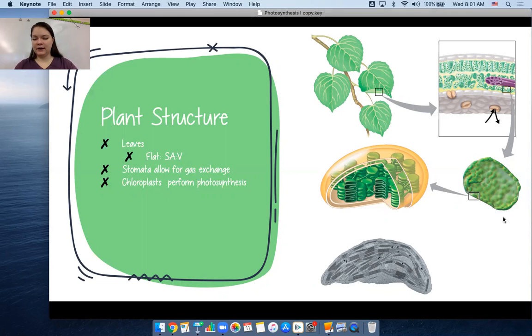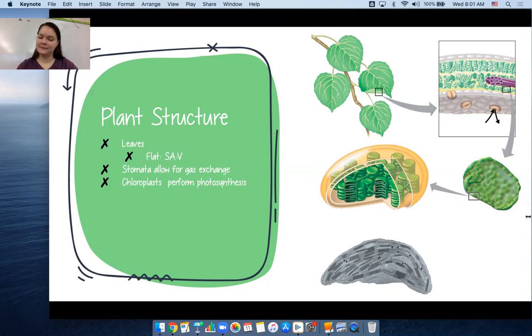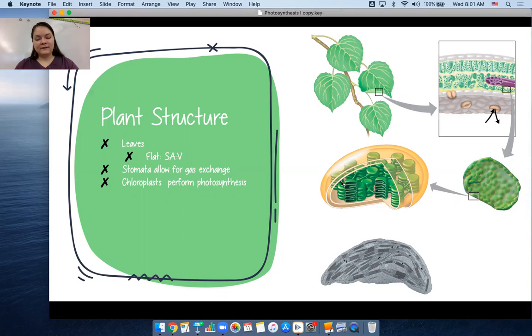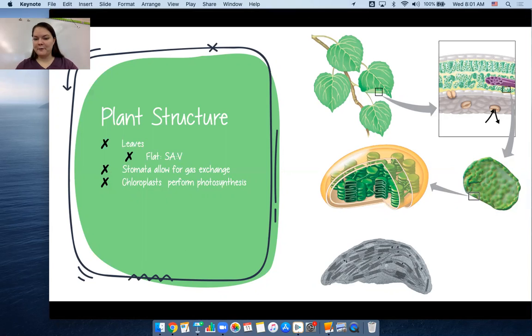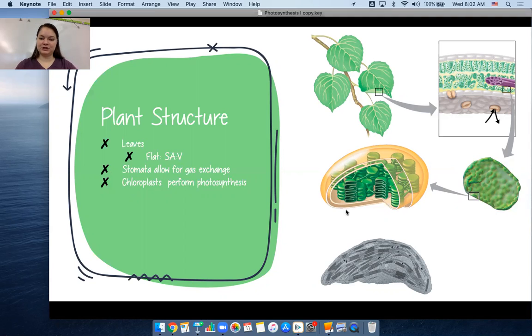We can see here a sample of a cell, and the most obvious organelle throughout this entire thing are all of these chloroplasts. Right here, we've got our diagram of the chloroplast, and I apologize, I don't have my iPad queued up and ready to go, so you're going to have to review as we go along what the different structures are. So in the chloroplast, we've got an outer membrane, an inner membrane, and we've also got the thylakoid membrane.